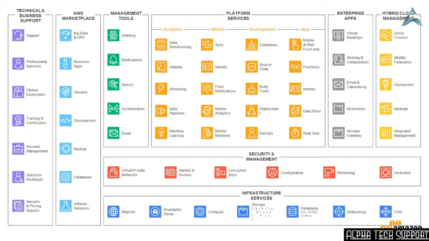So these are the services. These are various services that we can use to empower our application and create a huge range of applications. It has analytics, mobile development, app development, enterprise apps, hybrid cloud management tools. It has a marketplace where we can develop and sell our code even to our fellow developers or any other developers. We can work in a team and host a DevOps process toolchain.